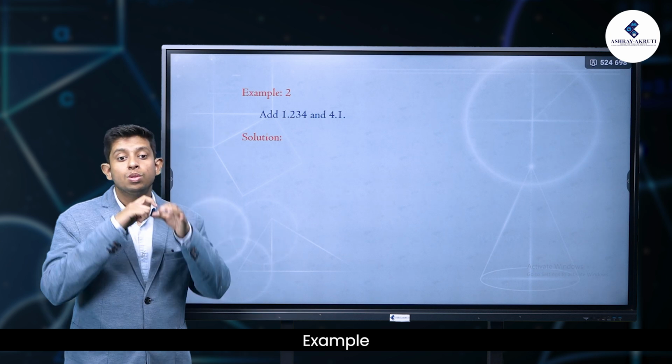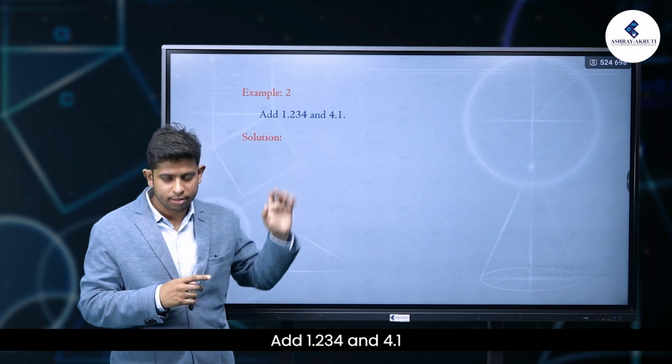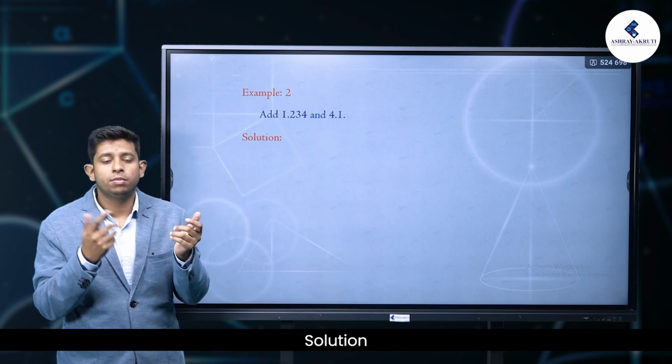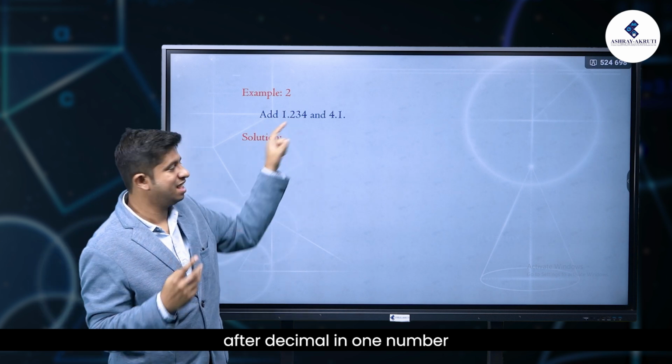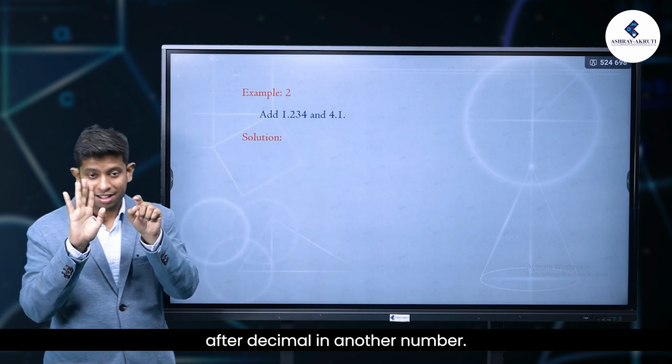Example. Add 1.234 and 4.1. Solution. There are 3 numbers after decimal in one number and 1 number after decimal in another number.